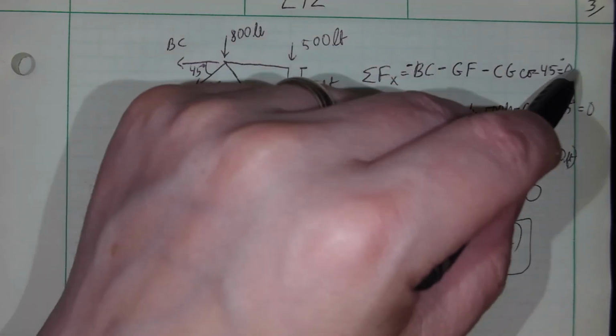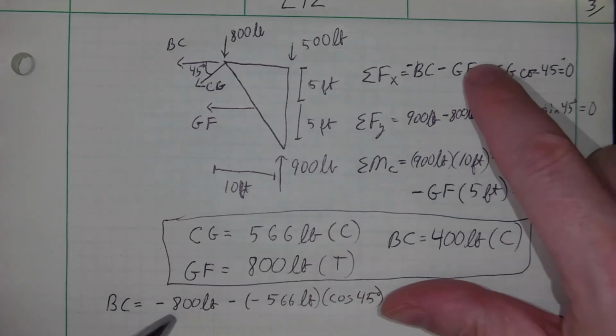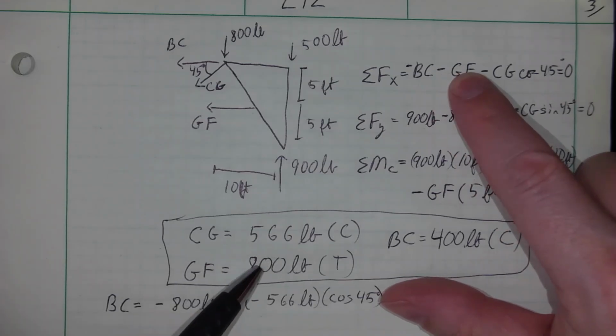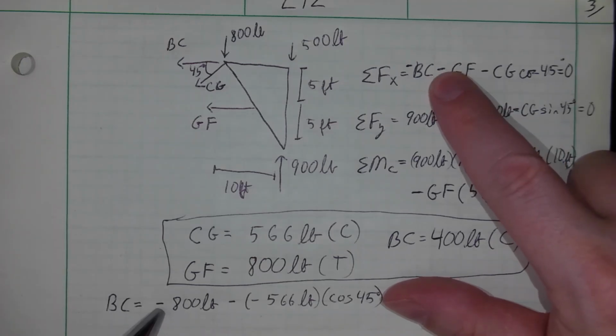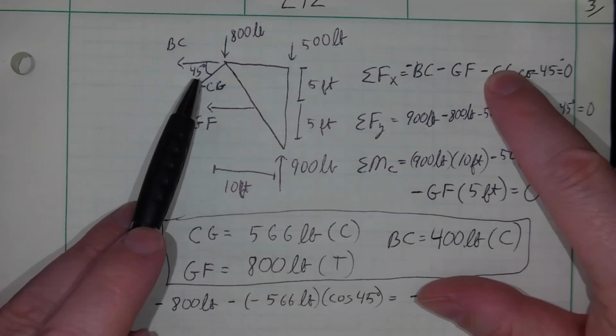So move BC to the other side of the equation. GF already has a negative sign. The 800 pounds is already drawn in tension, so it's a positive 800 pounds with the negative sign included. The CG is in compression, so it's a negative because I've drawn it in tension up here.